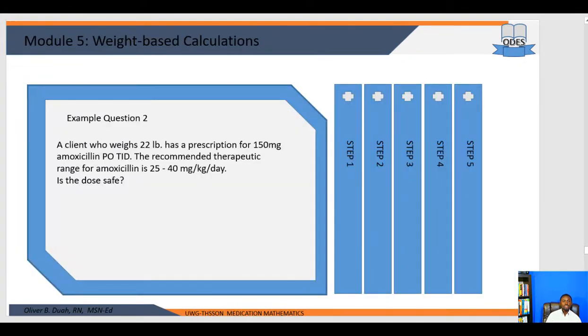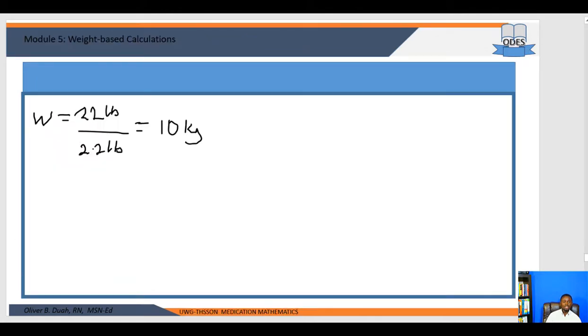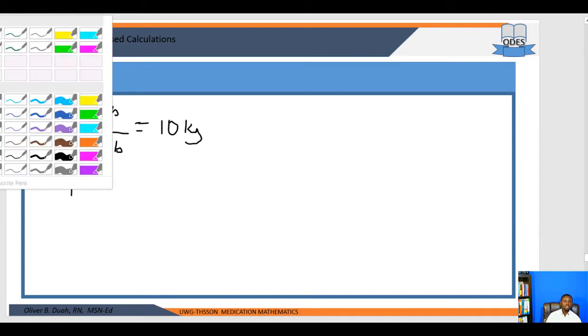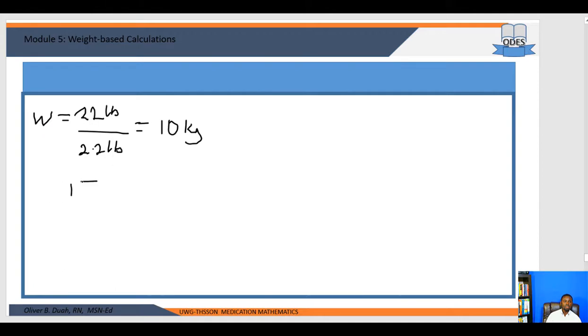Now, we know that the prescribed dose is 150 milligrams 3 times a day. So to get the daily dose, we have to multiply 150 per dose times 3 doses.